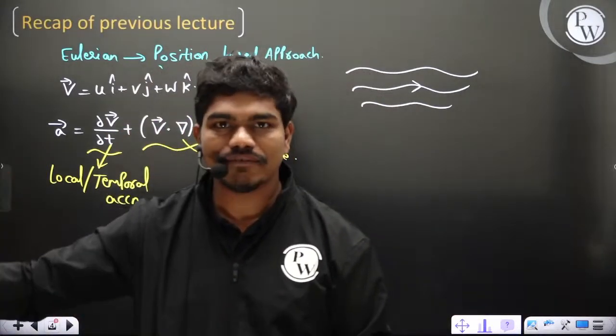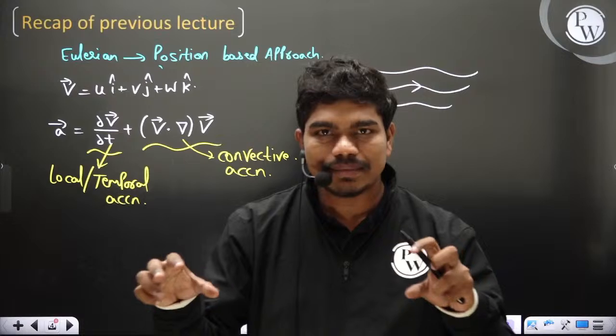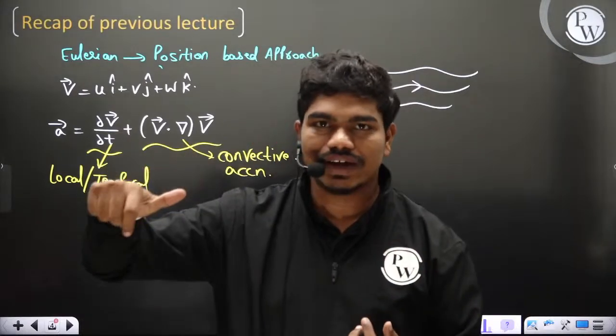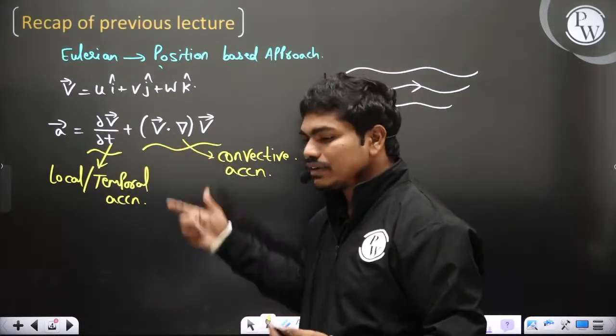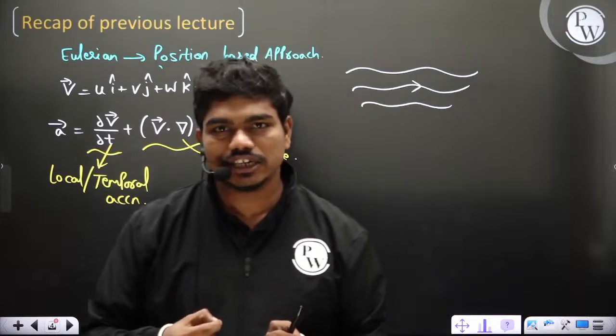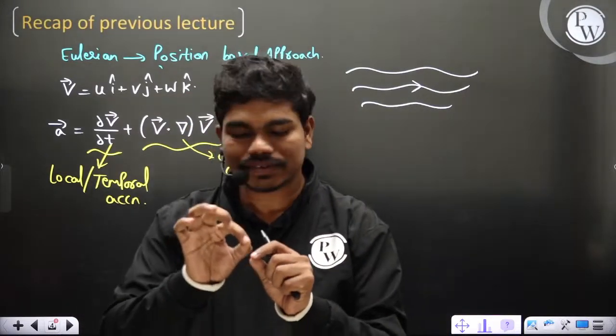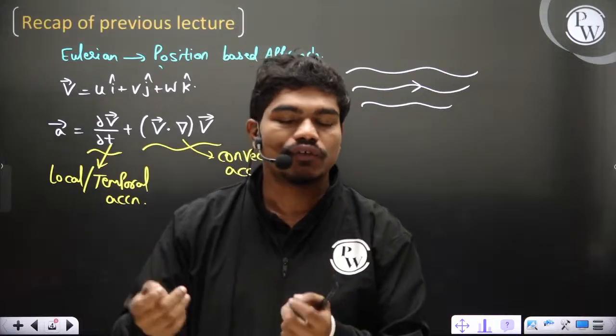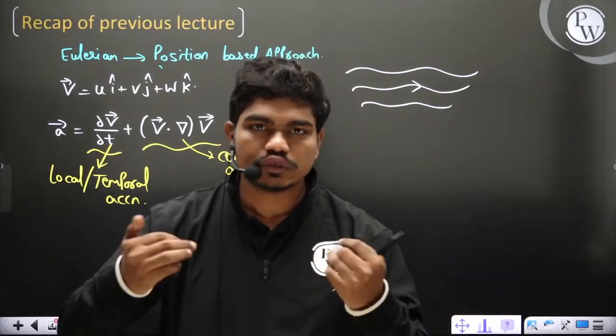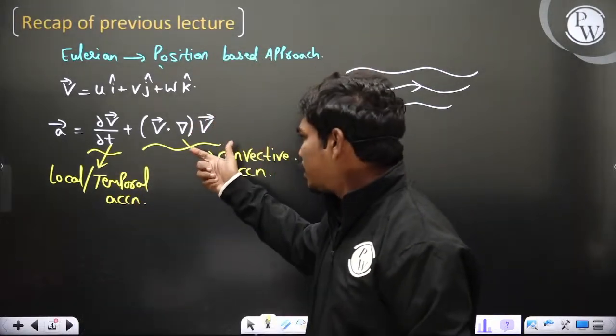For example, we have seen physical cases where you have a pipe or maybe a converging nozzle and you have a valve. In this case, convective acceleration arises because the particles will achieve acceleration even if nothing is changing with respect to time, but since they are getting displaced from one location to another, the fluid particles get accelerated by means of the geometry of the flow. So that's what we call convective acceleration.